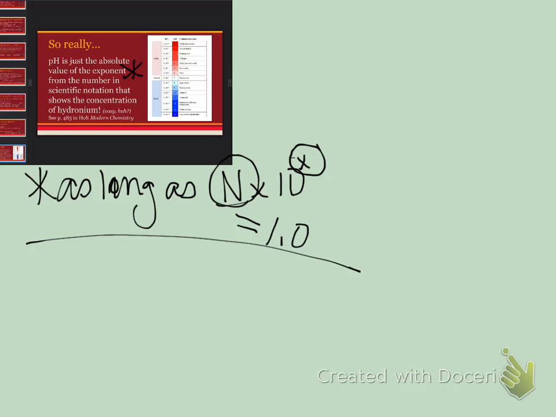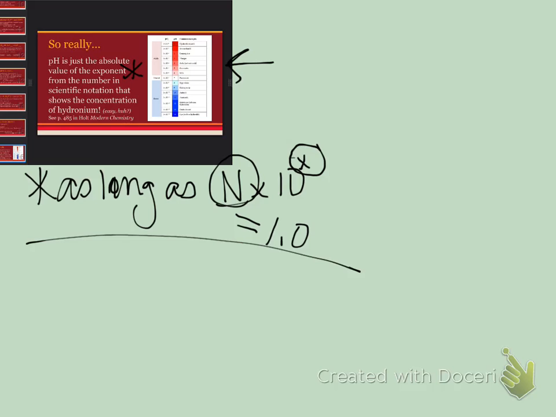Okay? And there's a nice little chart in your book on page 485 that shows the relationship between hydronium ion concentration and pH. I reprinted a different chart that I found online. It's not quite as lovely, but it gives you the idea that the higher the concentration of hydronium ions, the more acidic we consider something.